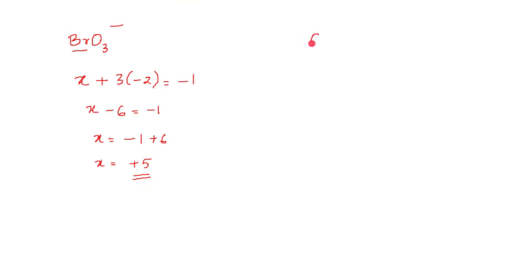Next, C6H12O6. Let's see what is the oxidation number of carbon in this compound. Okay, so as usual, how many carbon atoms are there? 6, and its oxidation number has to be calculated. So you have to take it as 6X plus 12 hydrogen atoms.